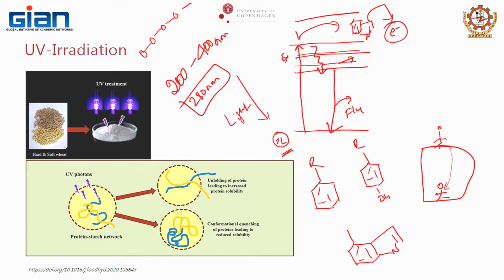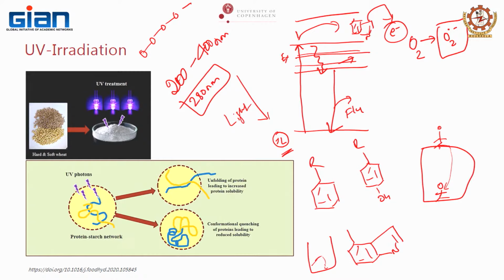For example, you take a protein in solution, there is always water and dissolved oxygen. Oxygen loves electrons, and oxygen becomes a new molecule called superoxide radical anion. Superoxide, have you heard about it? Superoxide radical anion is an oxidizing agent. It can oxidize some other molecule. Am I clear? This is one of the possibilities.